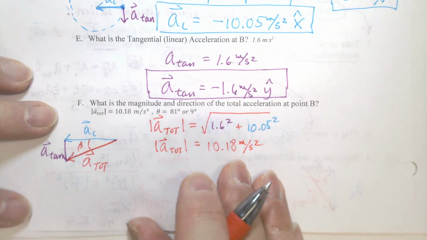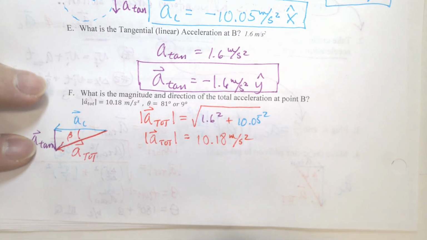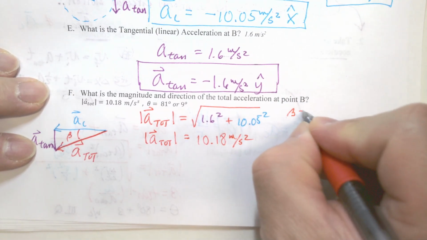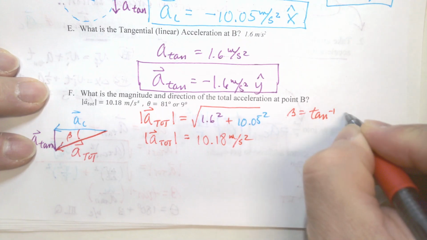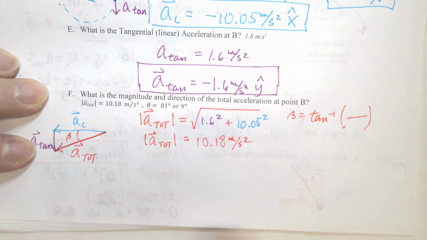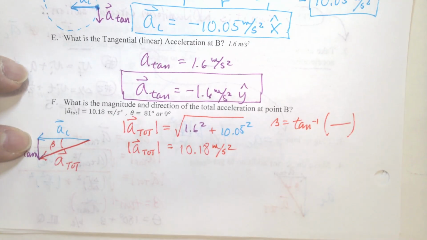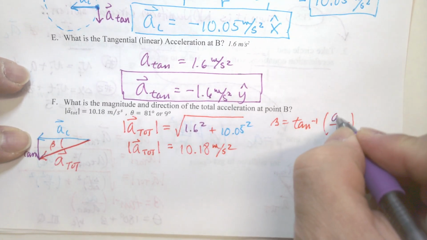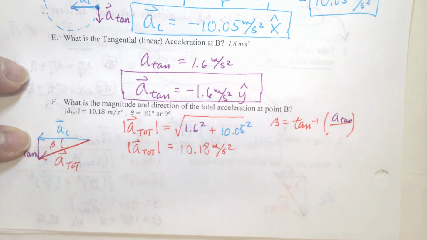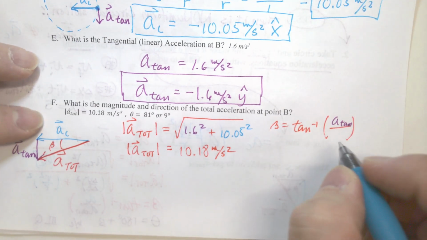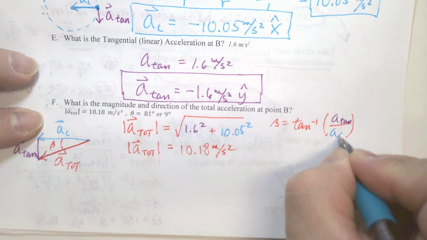But what about the direction? You have to think about beta. Beta is equal to tan inverse of opposite over adjacent. Opposite looks like A tangential here, but this can change depending on where things are. Over adjacent, which is AC.